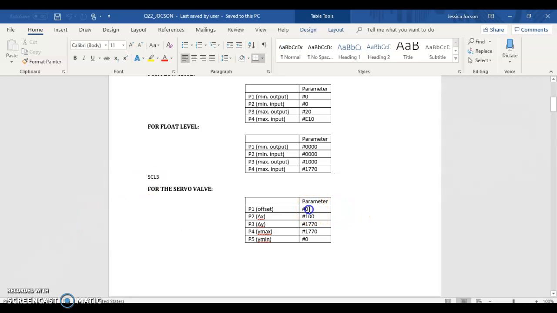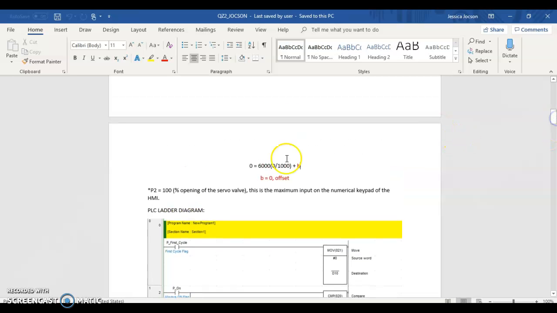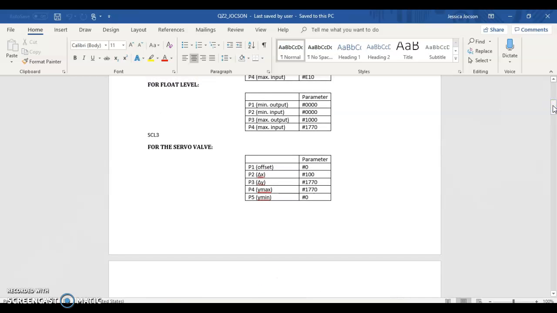So why did we get 0 on the offset? Computing the offset value, the resolution 6000 times 0 over 1000 plus b is equal to 0. So we got the offset of 0, but always remember that it is not always 0.